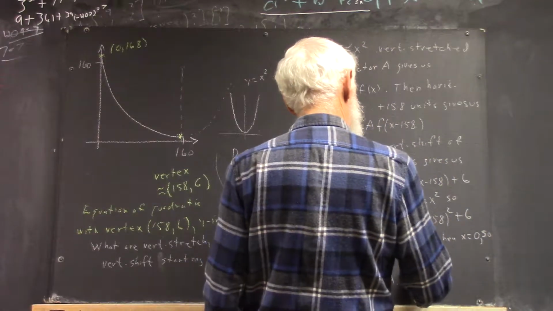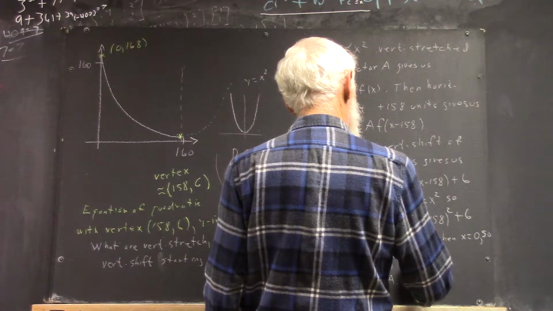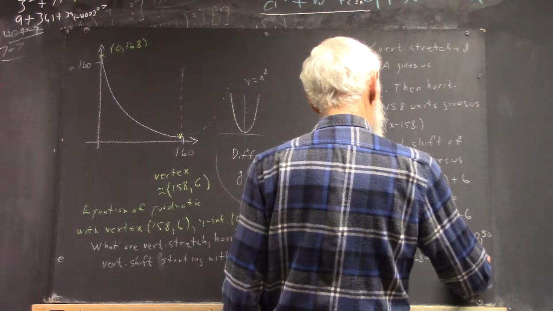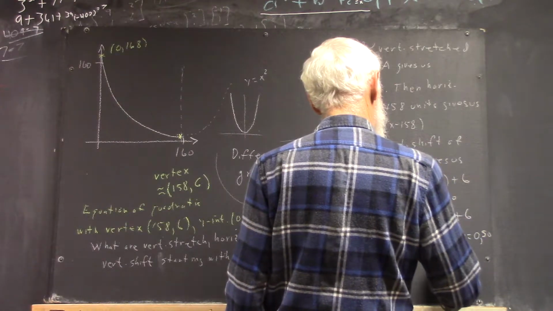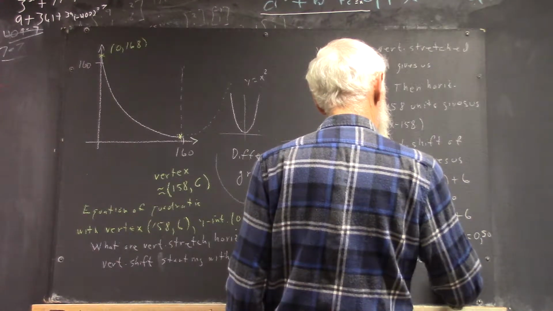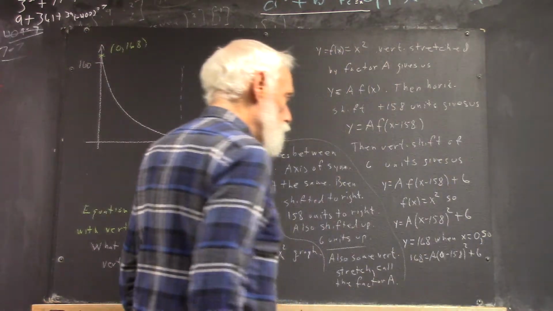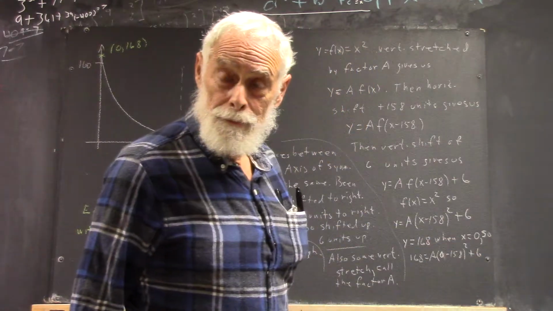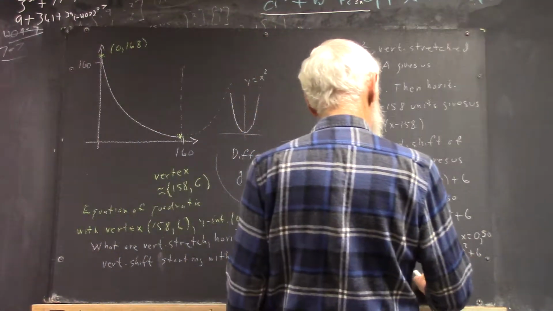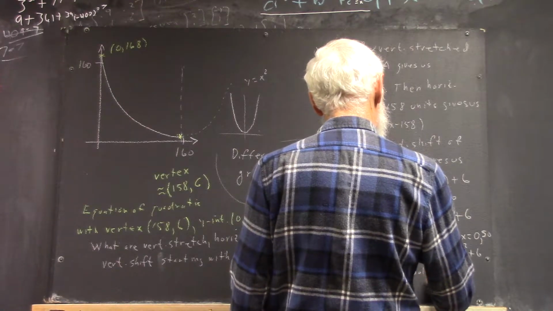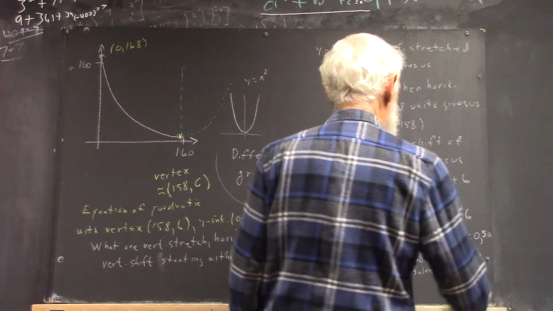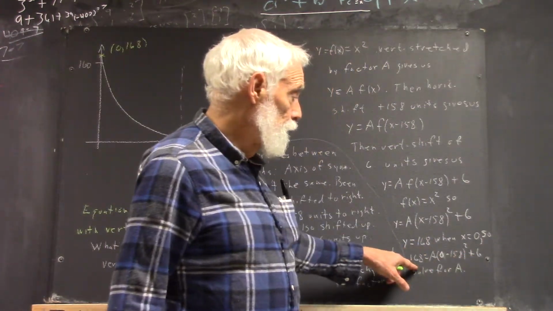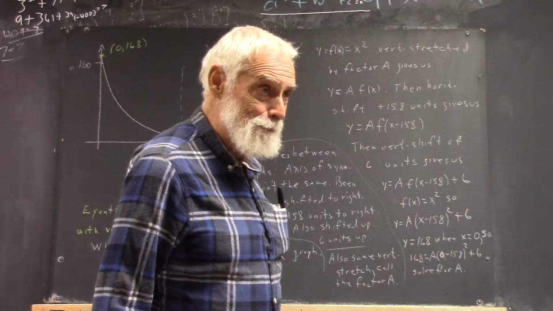So, 168 equals a times 0 minus 158 quantity squared plus 6. That's real easy to solve for a. Just square 158, subtract 6 from both sides, okay?